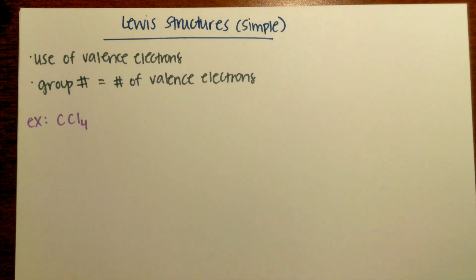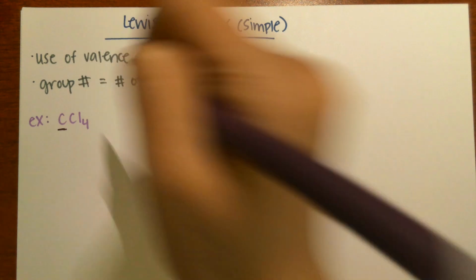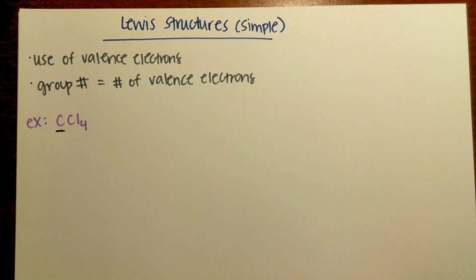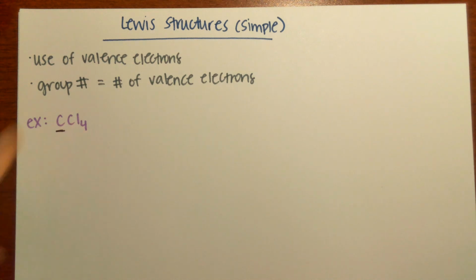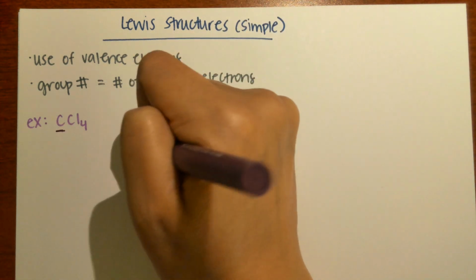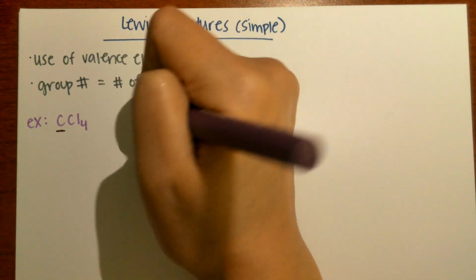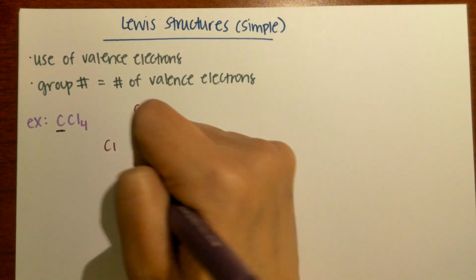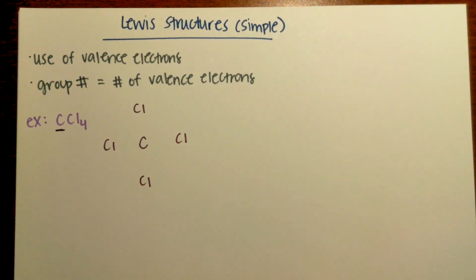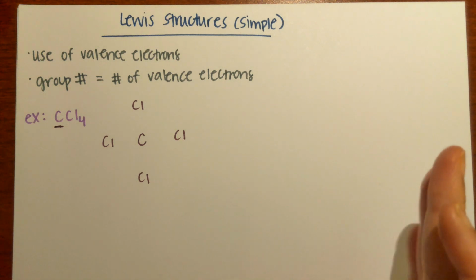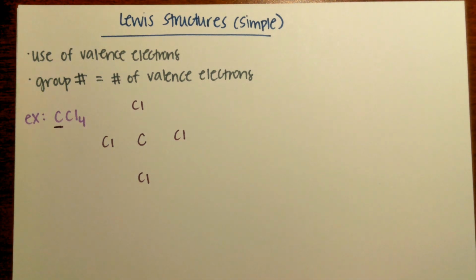So C, carbon, is always the central atom. And 99% of the time, whatever element is listed first in the compound is the central atom. So carbon is in the center, and then I have 4 chlorines surrounding the carbon. So that is my skeletal structure.